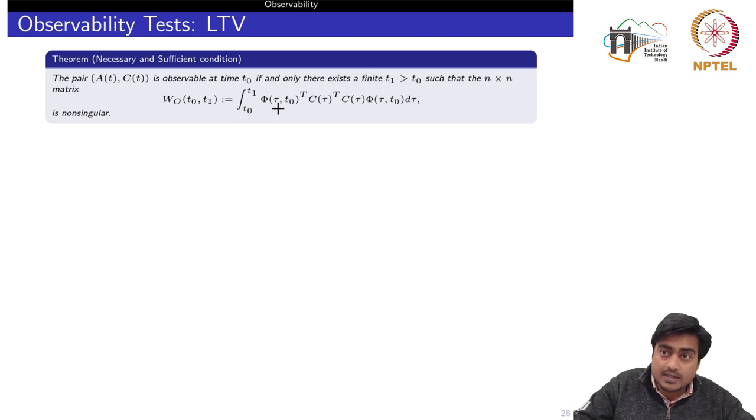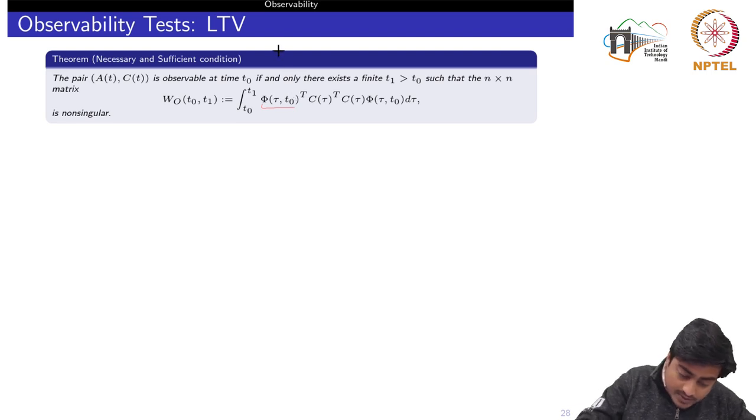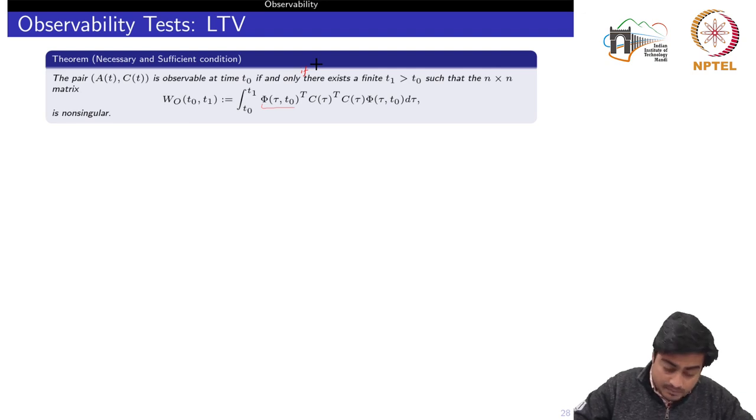For the LTI system, the state transition matrix is basically an exponential. But for a time varying system, that is not necessarily the case, and it requires detailed computation. But this is if and only if, because this is the necessary and sufficient condition for observability.